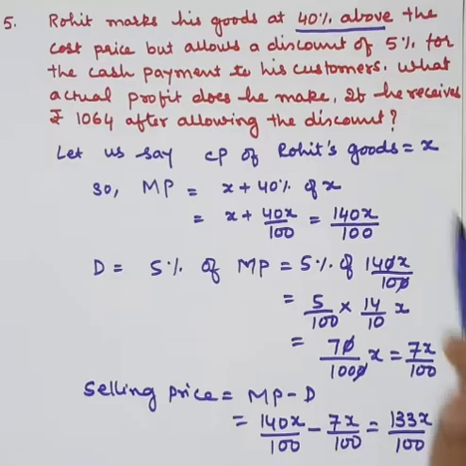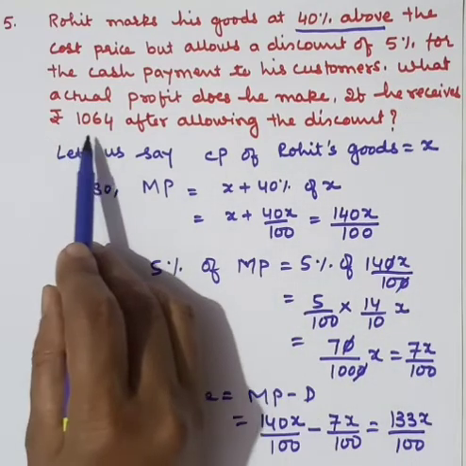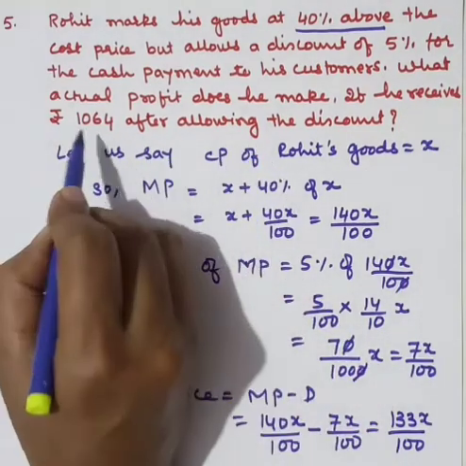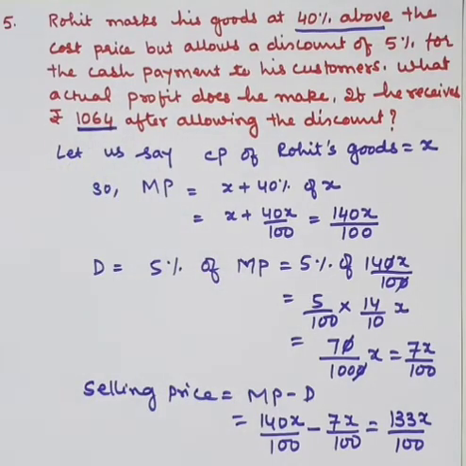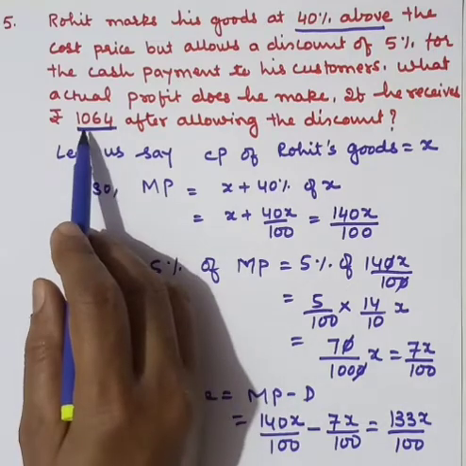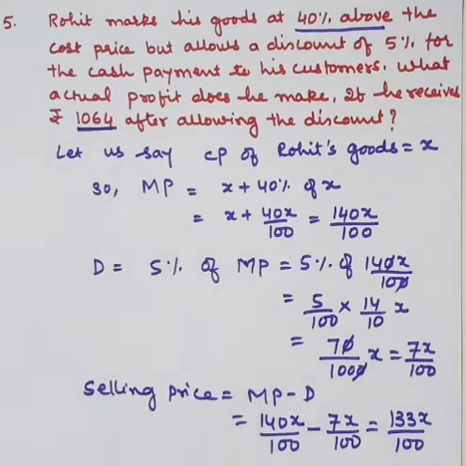Now see here, if he receives rupees 1064 after allowing his discount, that means what? He is receiving 1064 means he is getting rupees 1064 for his article from his customer. That means he has kept his selling price as 1064.